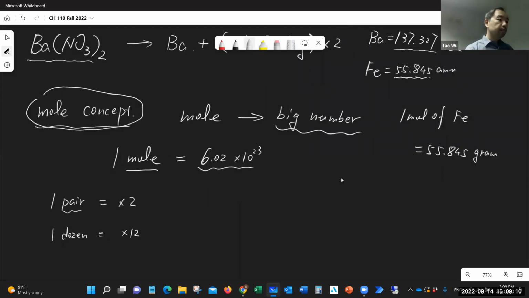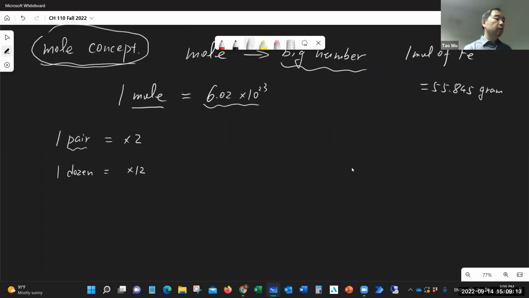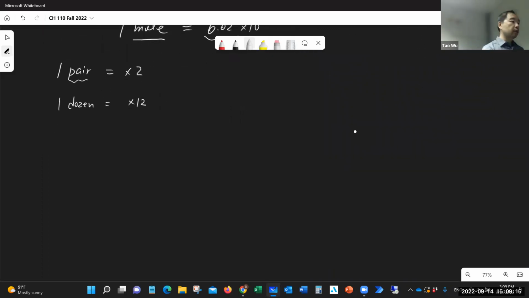All right. Well, then we get another unit, which people call the molar mass. Since we know 1 mole of iron is equal to 55.845 gram, people also give us another name: molar mass.